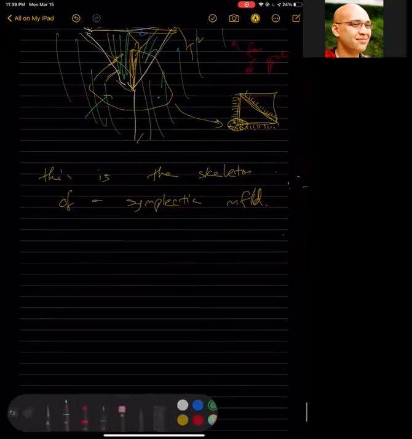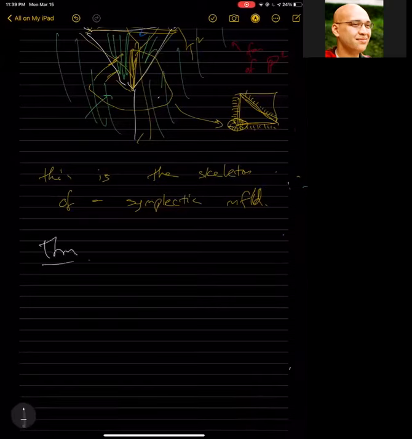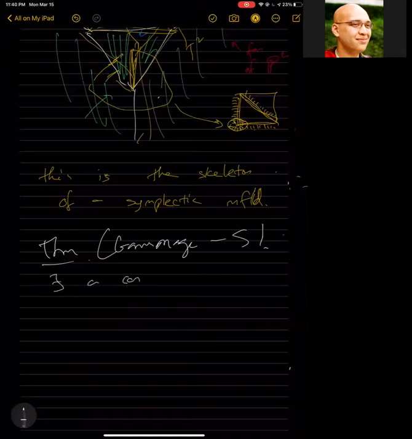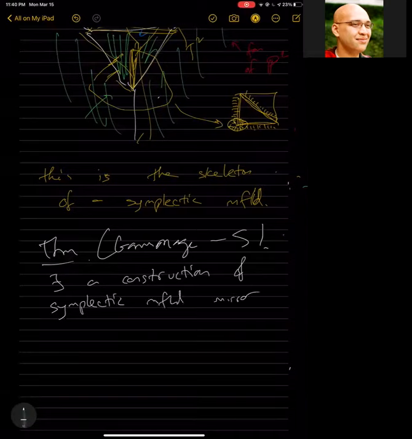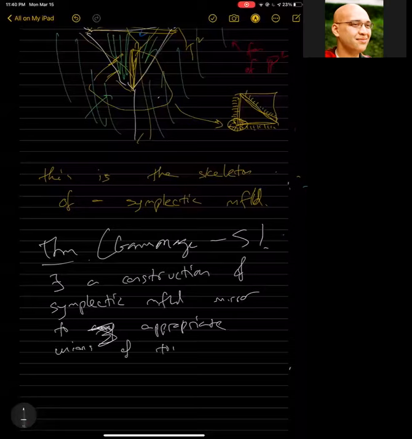So maybe let me just state one theorem, which is that there exists a construction, which I've outlined for you, of a symplectic manifold mirror to any appropriate unions of toric varieties, such that homological mirror symmetry holds.